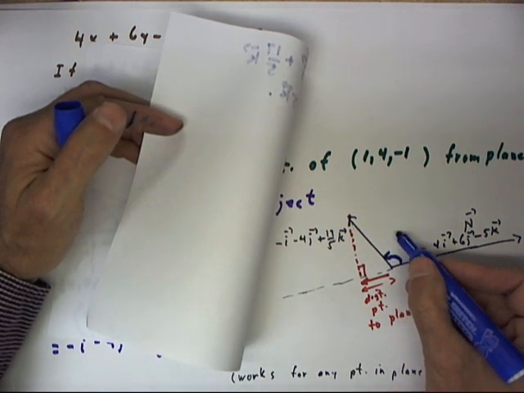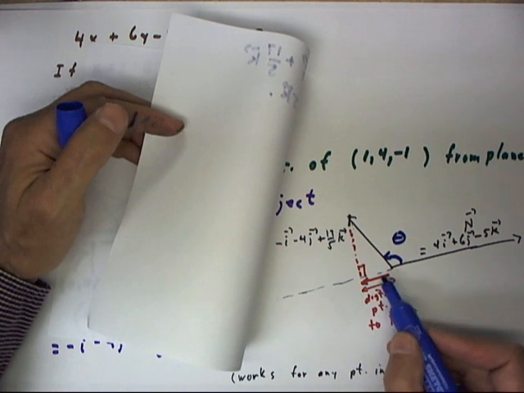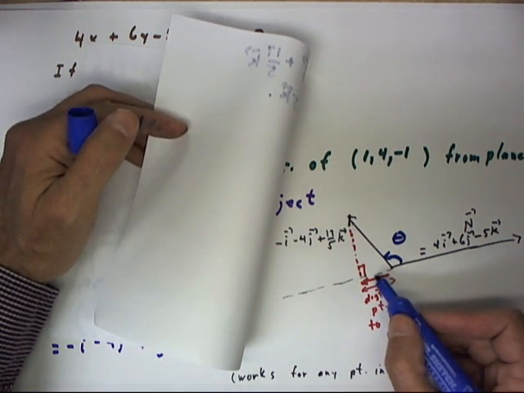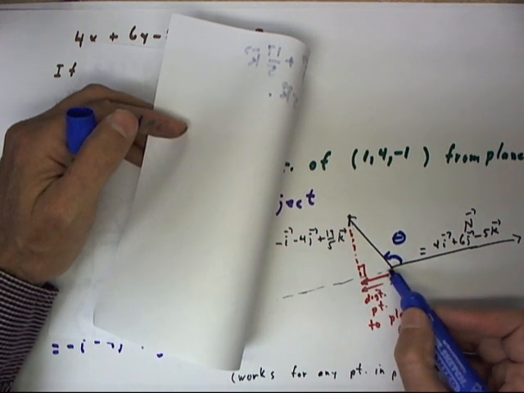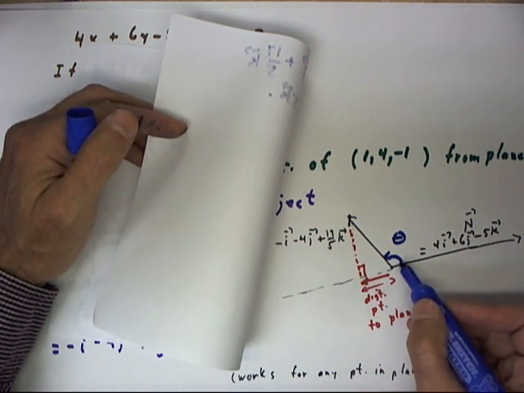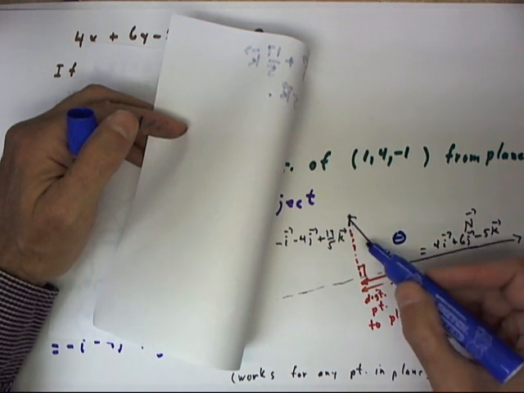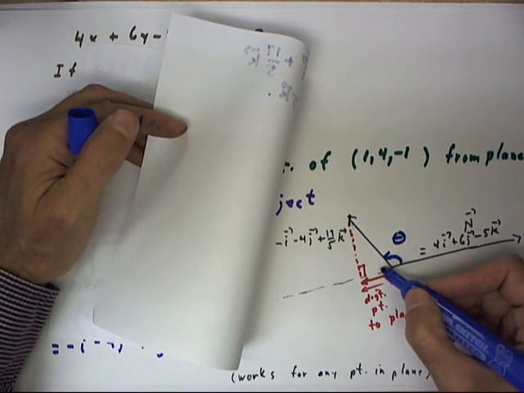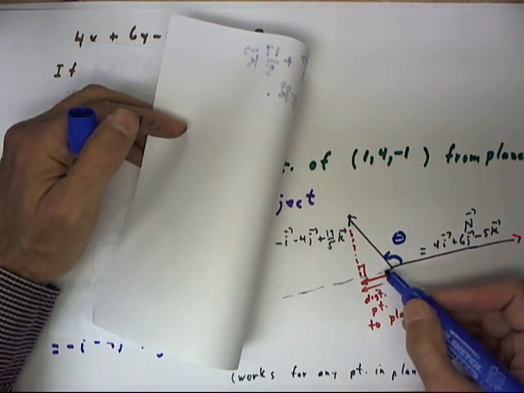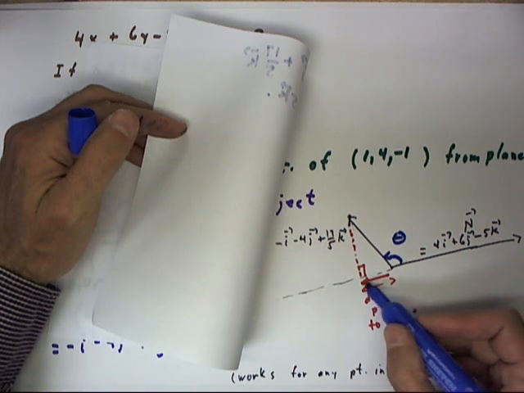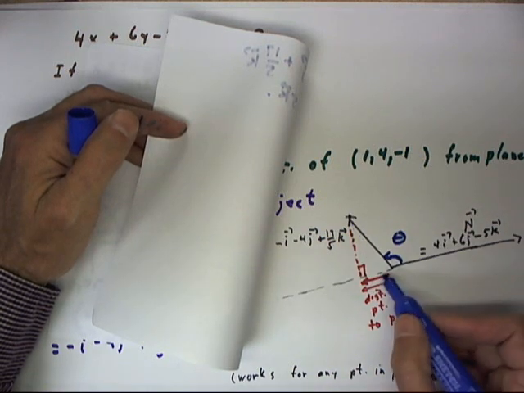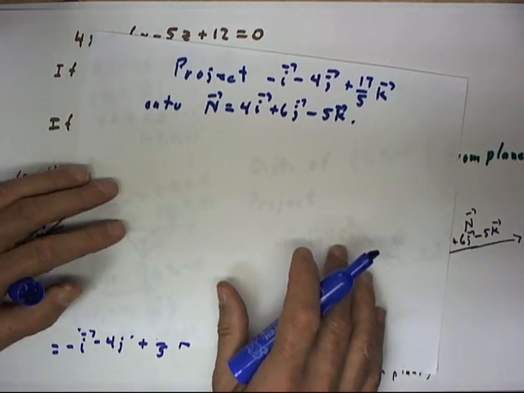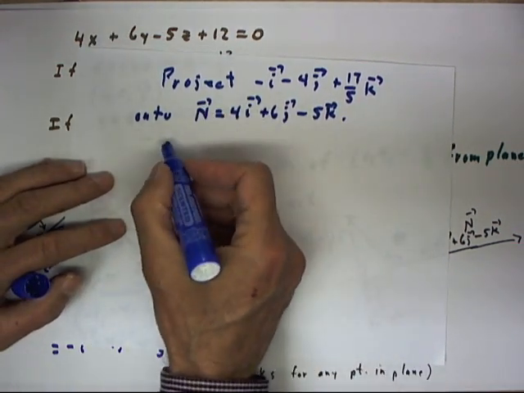If we let this be theta, we can see that this vector here runs along the adjacent side of a triangle that's adjacent to theta, and actually it's adjacent to 90 degrees minus theta, but the cosine is the same for both, so that this is going to equal the length of this vector times the cosine of this angle, and that's going to be the distance of the point to the plane. Of course, we can always review projections to be sure of that.